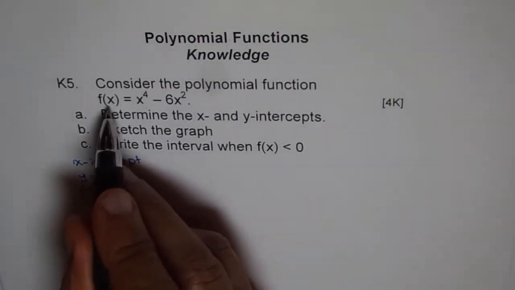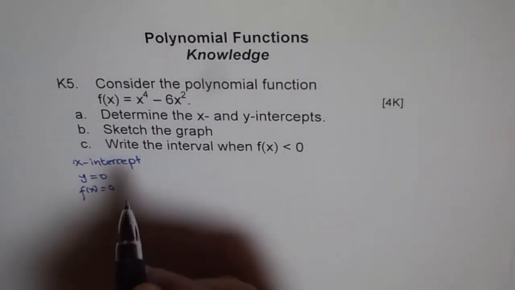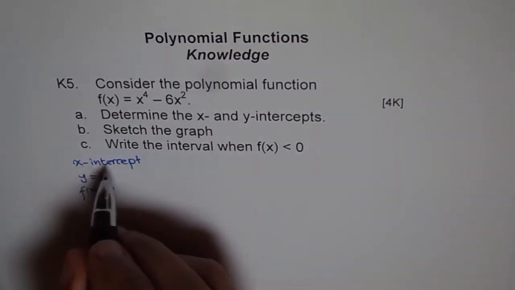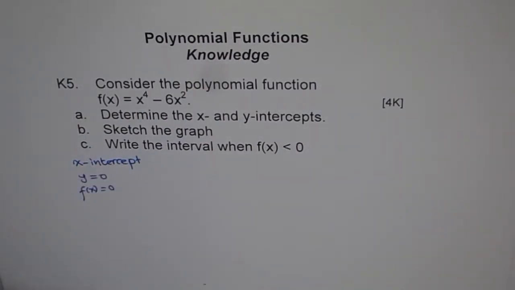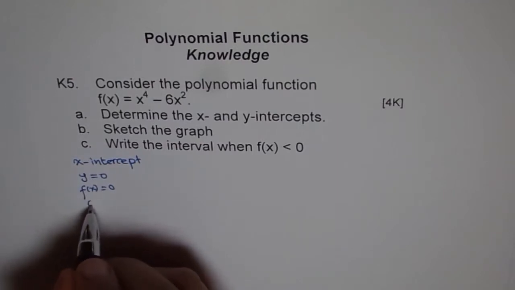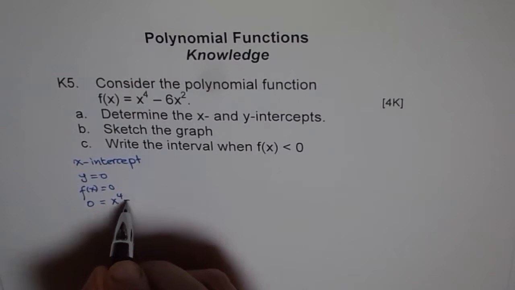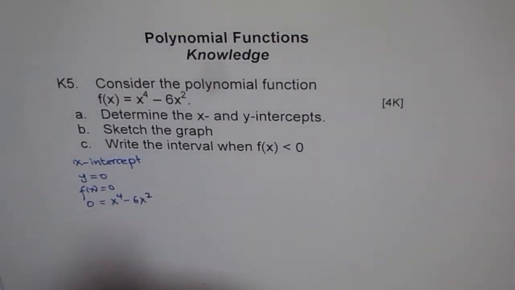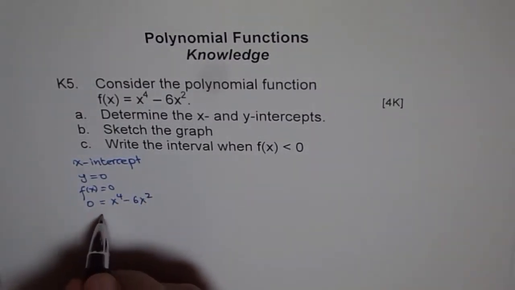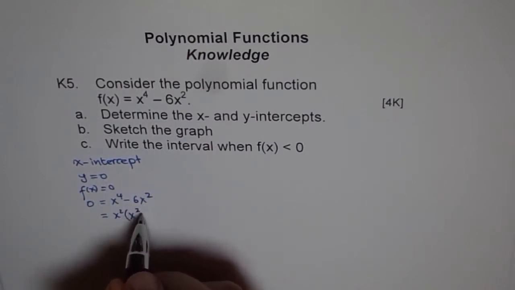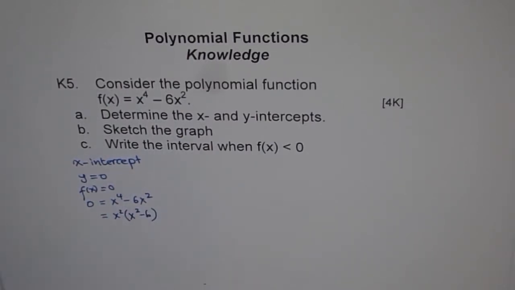So let's place f of x as 0 and figure out what should be the value of x. X-intercept means you're trying to find the value of x, okay? So f of x equals 0 equals x to the power of 4 minus 6x squared. We can factor out x squared, and we get x squared minus 6 equals 0.